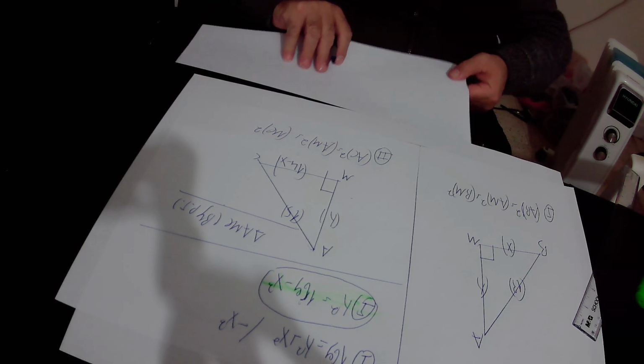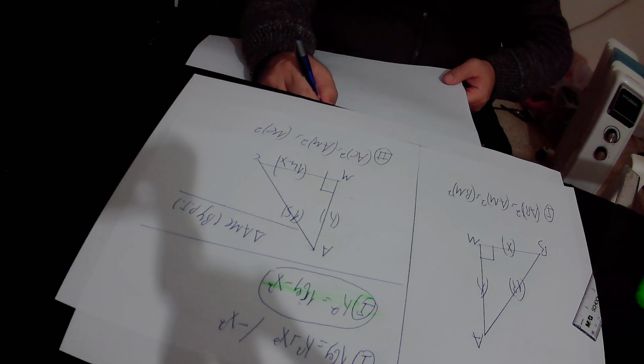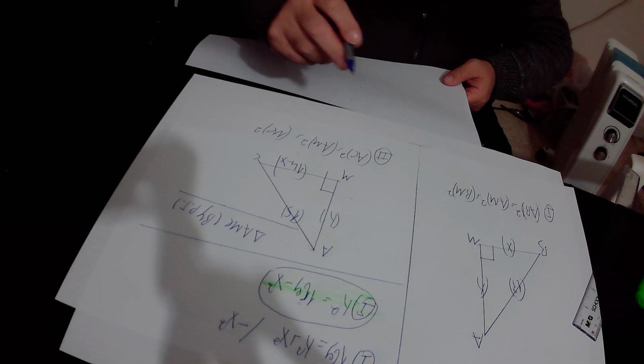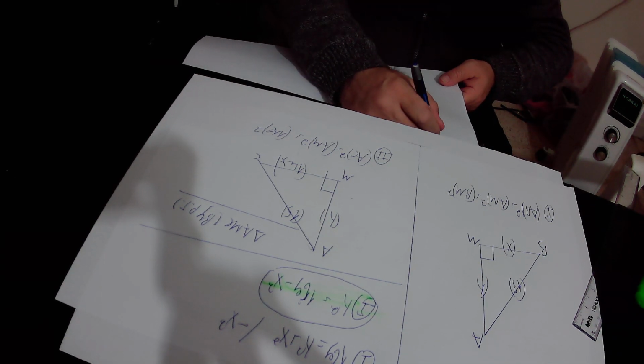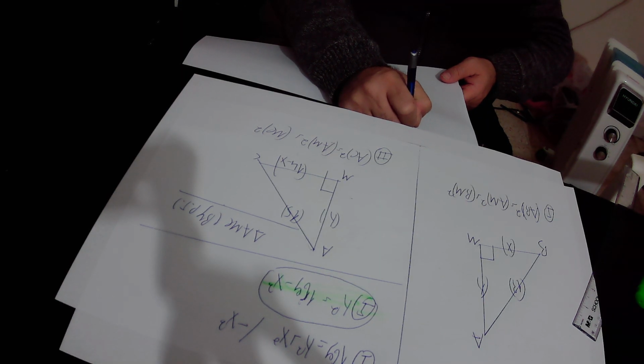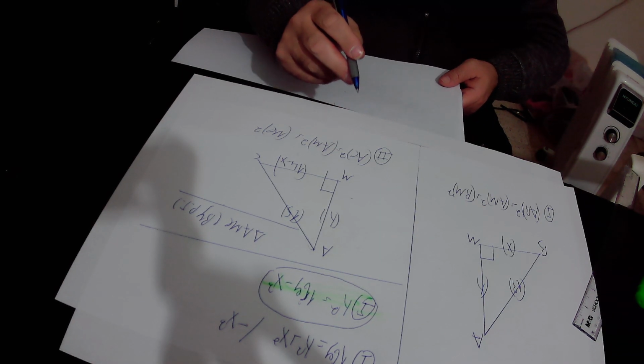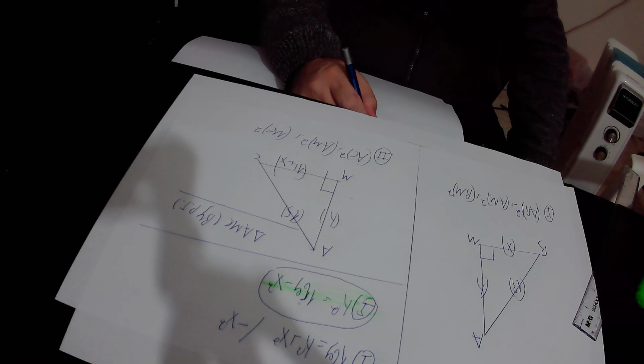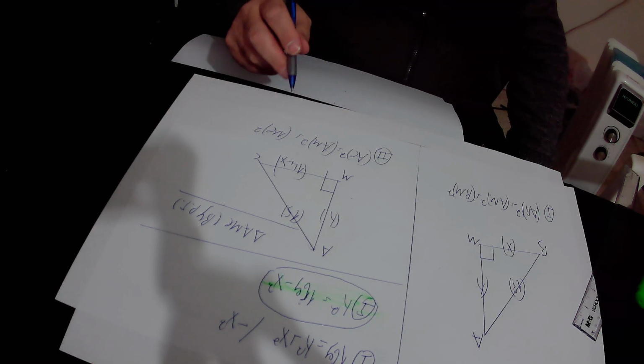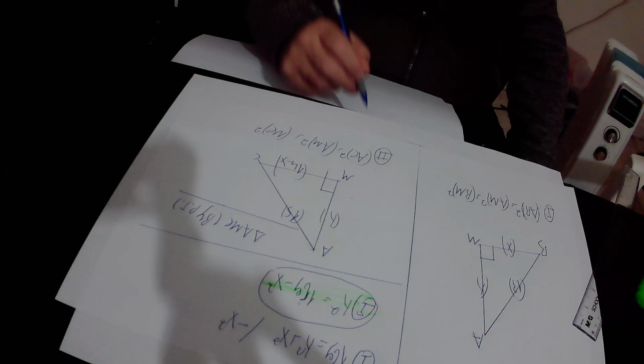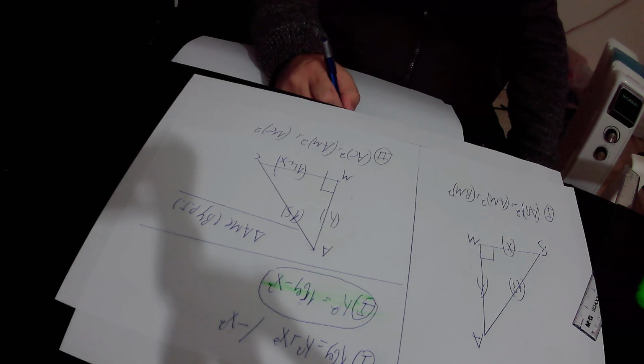AC is 15, therefore AC squared is 15 squared, that is 225, and it equals AM squared. AM is H, therefore AM squared is H squared, plus MC squared. MC is 14 minus x, therefore MC squared is (14 minus x) squared.